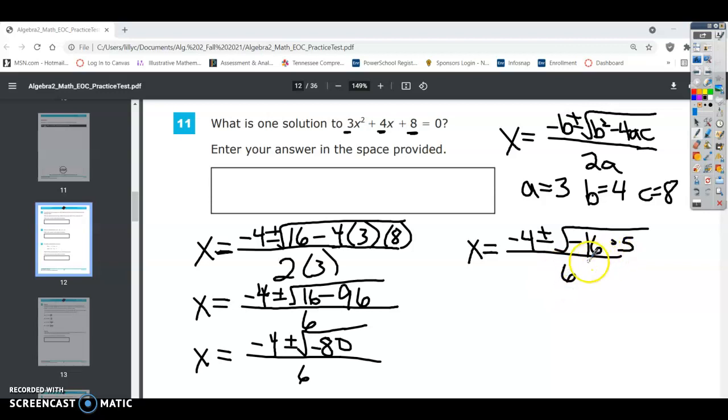Alright, and if you want to, you can rewrite this as 2 square roots. So this is square root of negative 16 times the square root of 5. So when we do that, we have x equals negative 4 plus or minus. Square root of negative 16 is 4i. Square root of 5 over 6.